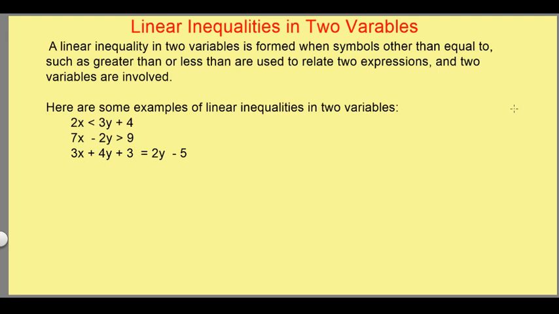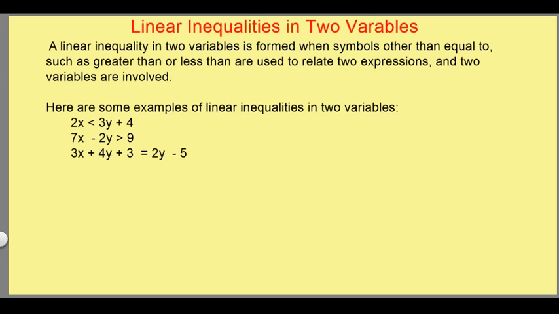We say linear inequalities in two variables now. This is formed when we have two expressions being related to each other using an inequality sign, and this has two variables.